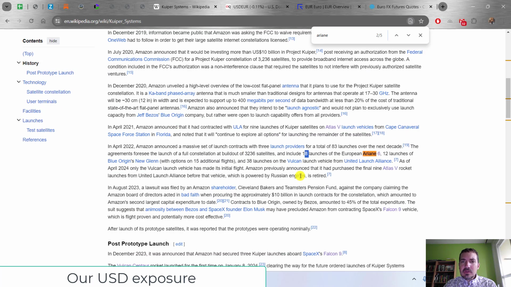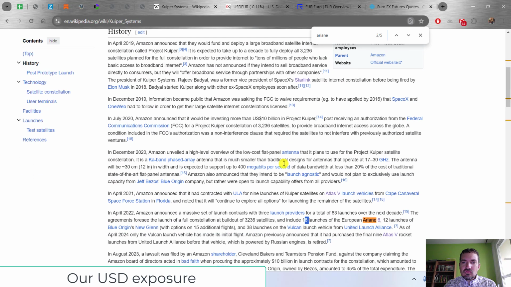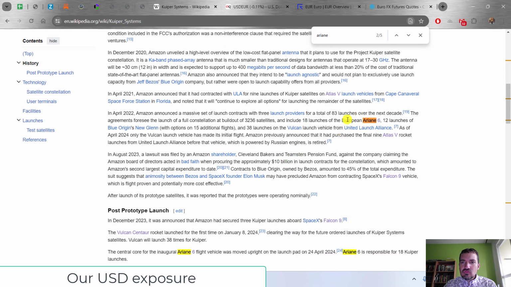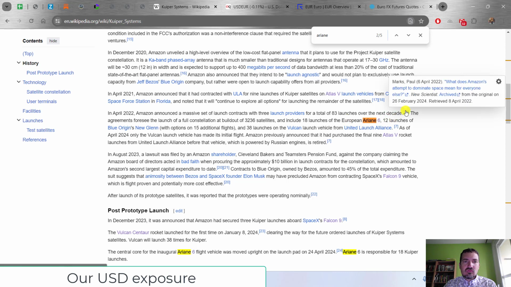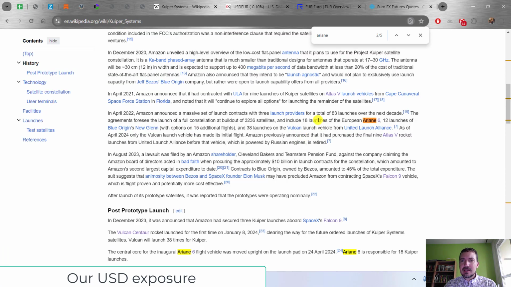Also we can ask, do we have any unit prices? I think it was undisclosed, but let's use the usual price of Ariane 6 launches.